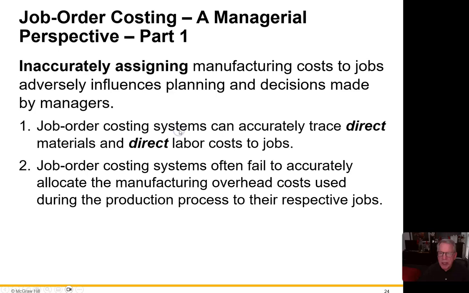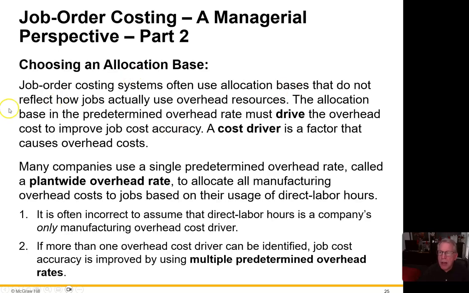So if we choose an allocation base, often in a job order costing system we use an allocation base that does not reflect how jobs actually use overhead resources. The allocation base in a predetermined overhead rate must drive the overhead cost to improve job cost accuracy. A cost driver is a factor that causes overhead costs.